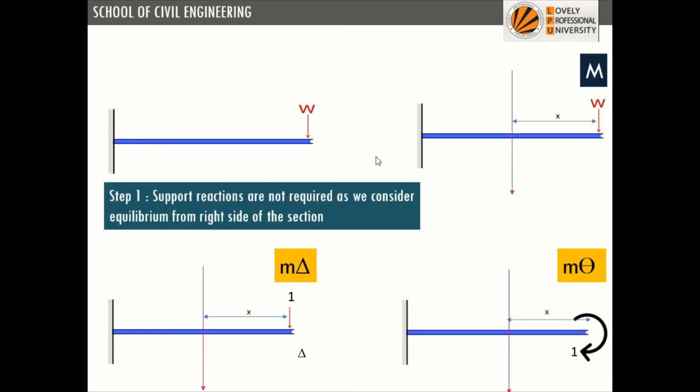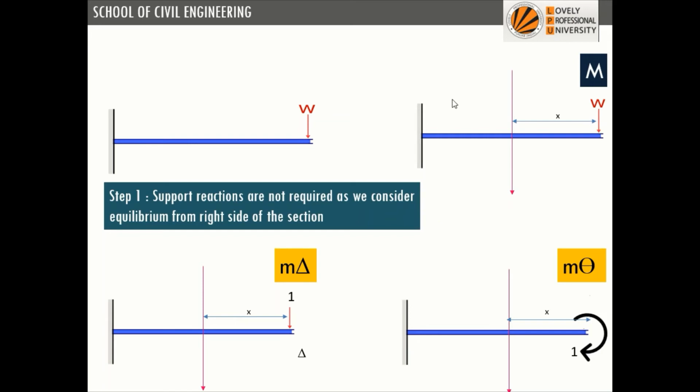So again, this is the original structure, we call it the real structure, and this is the virtual structure we'll use for deflection, because we have put a point load. To calculate the rotation, we will put a unit moment at the place where we want to find the slope.